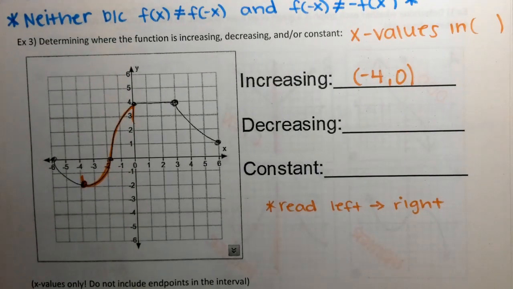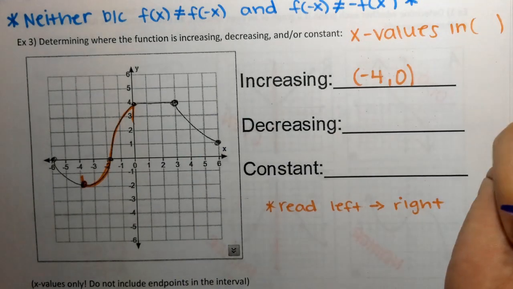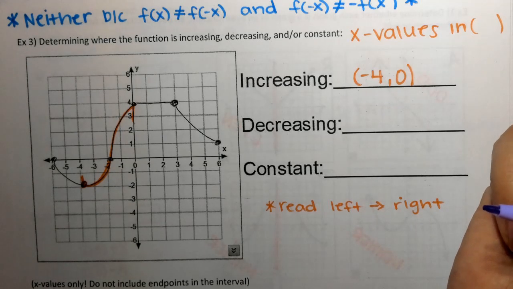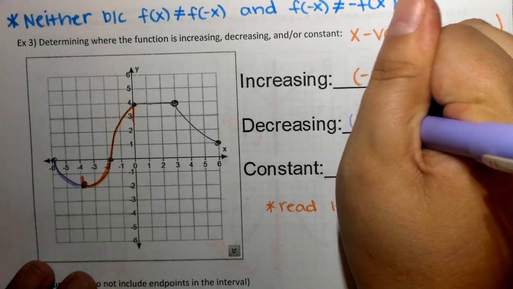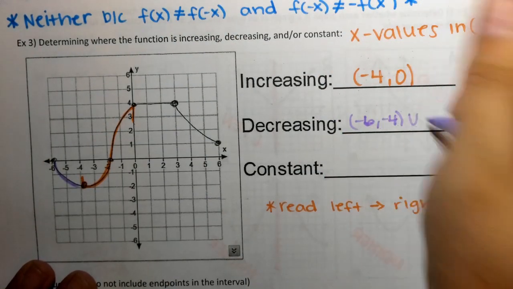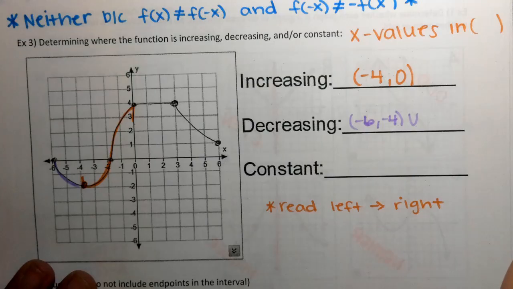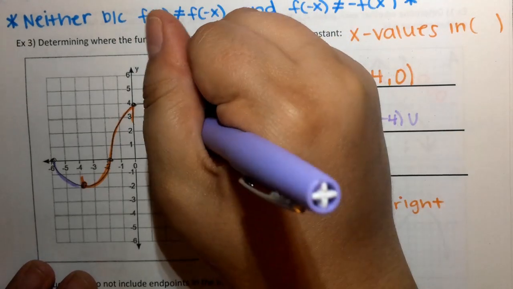Where is this decreasing? Say it louder. Decreasing, going down. Where is it decreasing? Negative 6 to negative 4. Is that it? Union with what? Be careful, x values. 3 to 6.